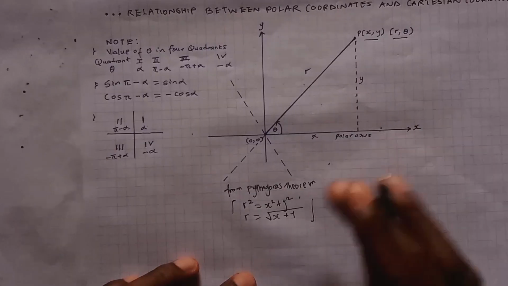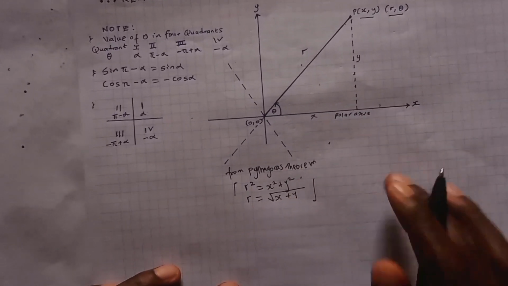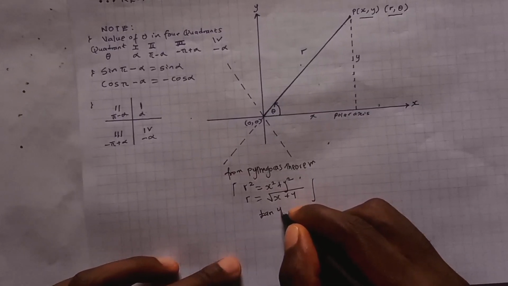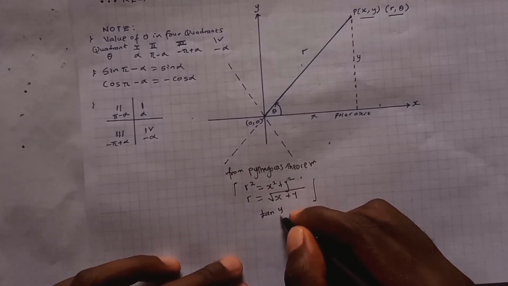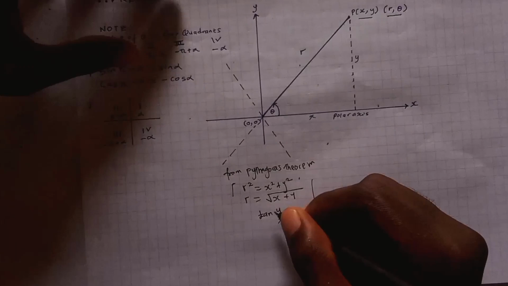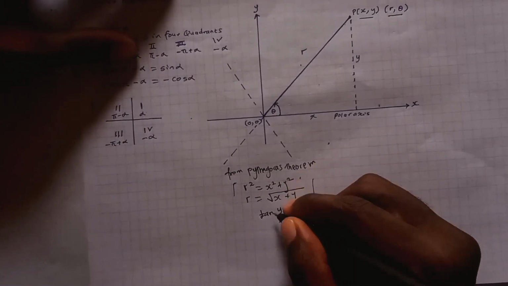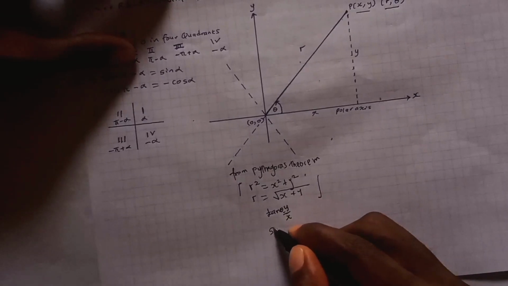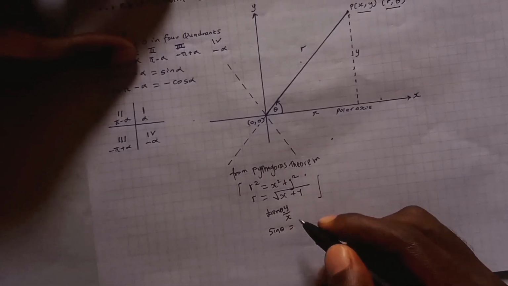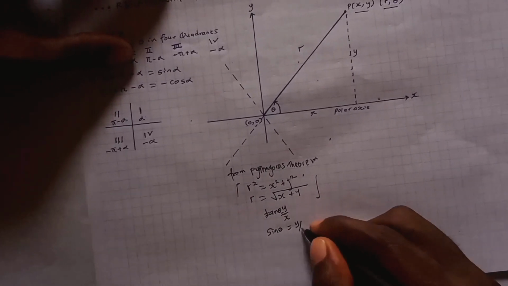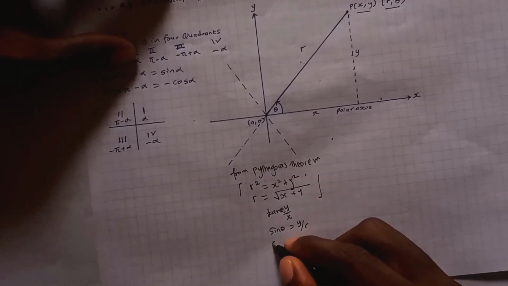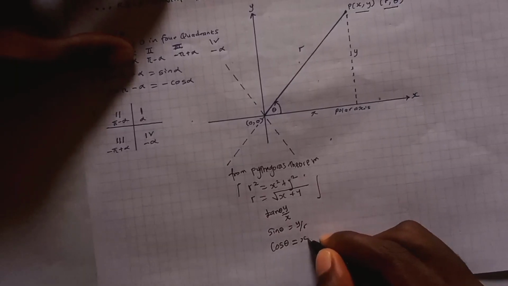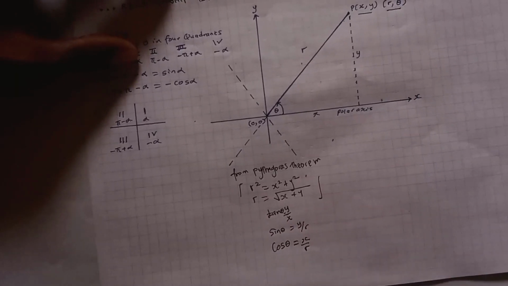Another thing you should know is from your trig ratios: tan theta is equal to y over x, sine theta is equal to y over r, and cos theta is equal to x over r.